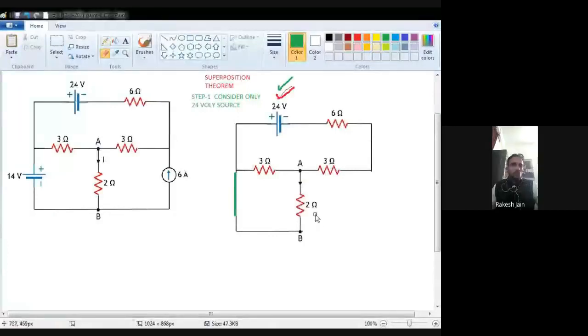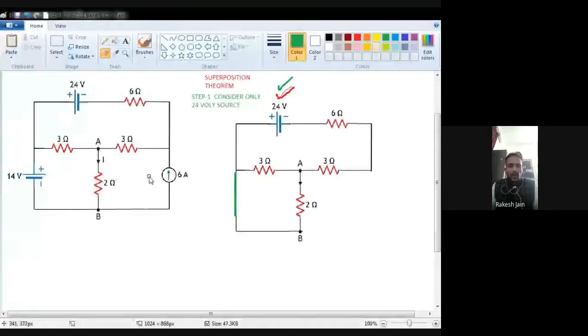Just remove this voltage source by short circuit, so I short circuited this. Just remove this current source by open circuit, so I open it. Okay, so when I open it, now what will happen?